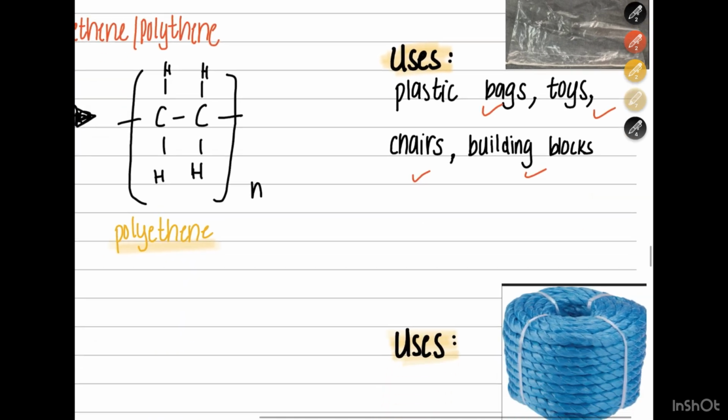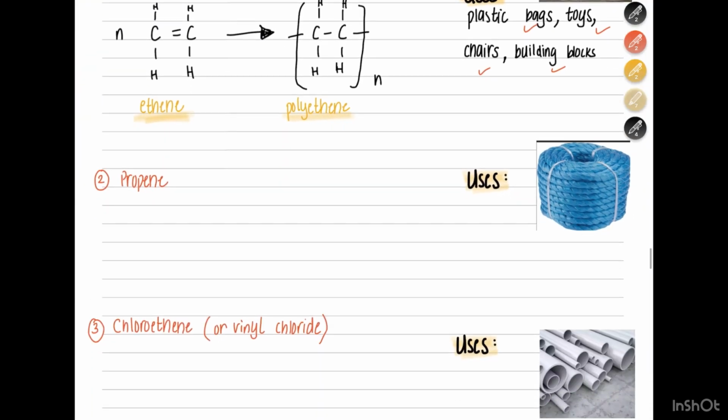Now, let's move on to another one, which is propene. Propene can be drawn as C double bond C. It has hydrogen on 3 of its carbon, and here it has another CH3 group, but for our case we'll just write it up and we'll write n here.